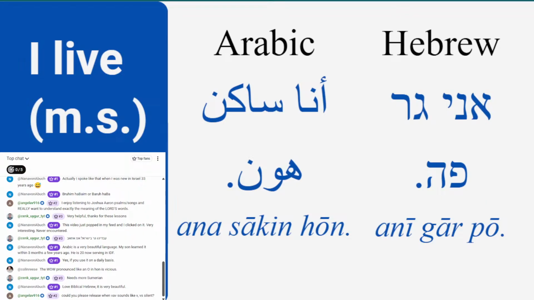Well, hey man, great to see everybody. Oh, I see Angela. Could you please reveal what vav sounds like? Oh, sorry. When vav sounds like the consonant versus silent. Okay. So yeah, I'll talk about that. So historically, what we call the letter vav in Hebrew is not vav, it's wow. It was a W. And it was a W for a long time.